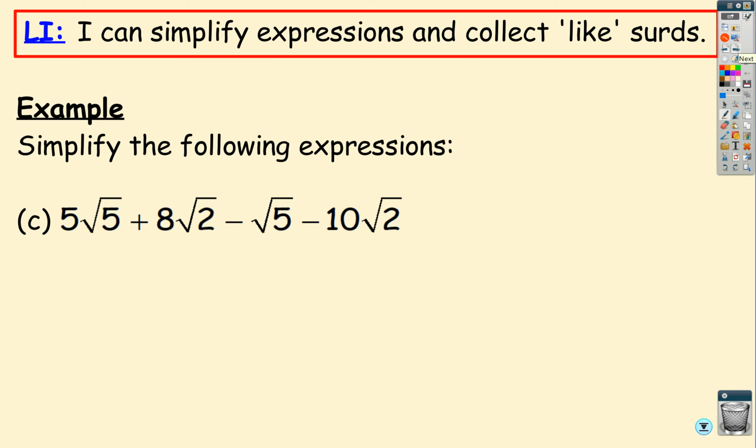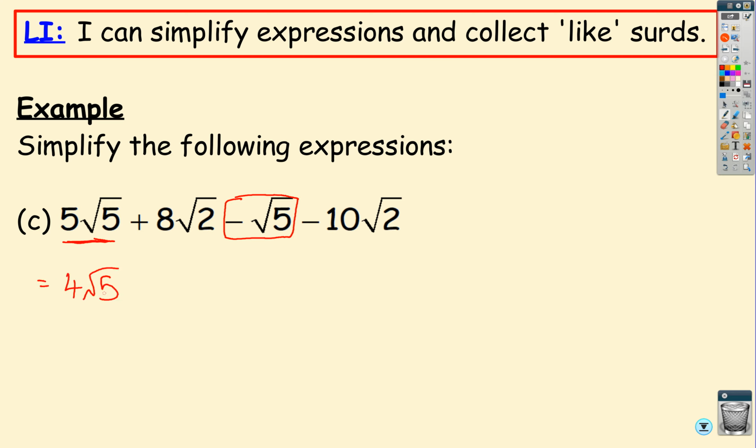As we look at this last one, we have 5 root 5 plus 8 root 2, take away root 5, take away 10 root 2. So we've got like terms to identify here, or like surds. So we've got the root 5's, 5 root 5, take away a root 5. Well, that must be 4 root 5.